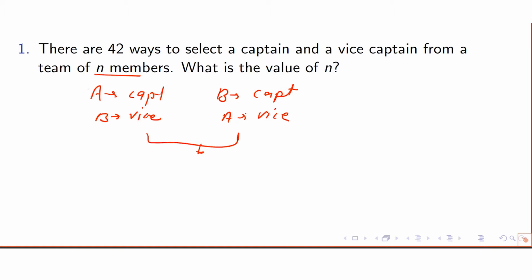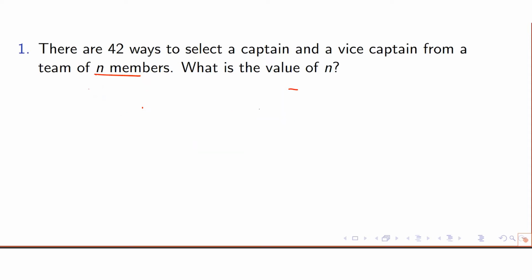Selecting a captain and a vice captain from a team of n members is similar to an ordered arrangement, or permutation of 2 out of n people, which is nP2, and its value is given as 42. Using the formula of permutations, nP2 is equal to n factorial upon (n minus 2) factorial.